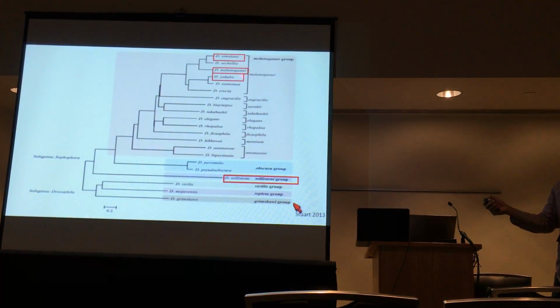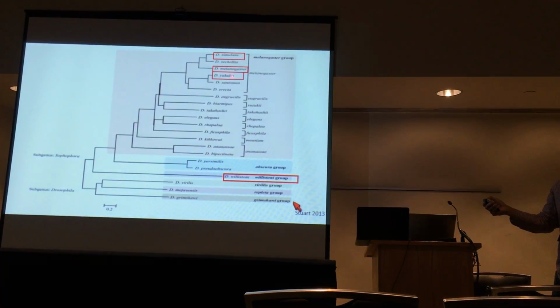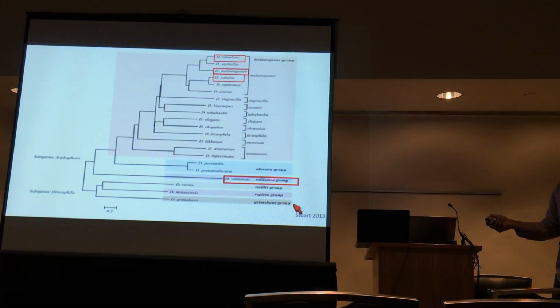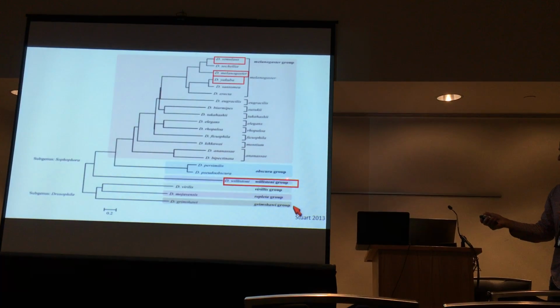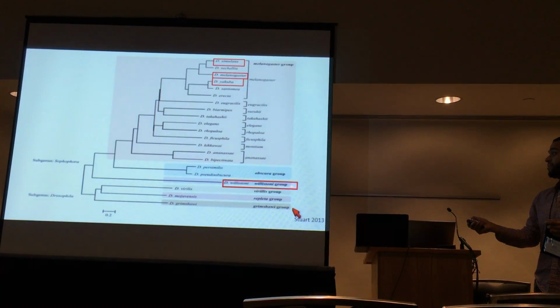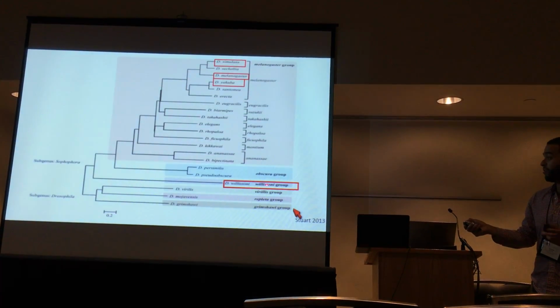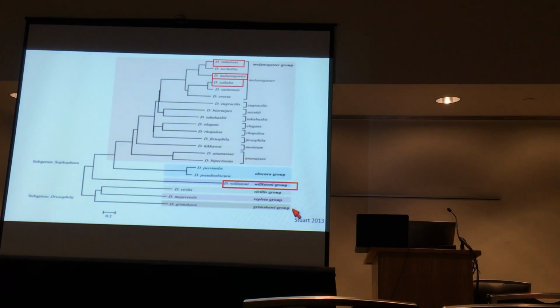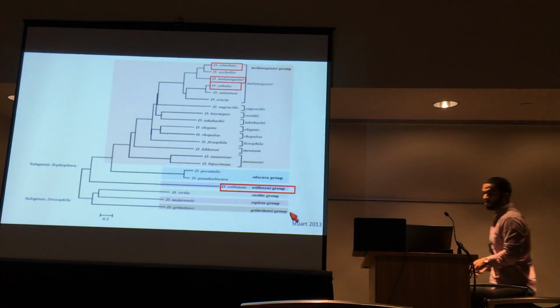yakuba and santomea, those can breed, but there are no functional F1s with melanogaster. And when they were originally shown to be from Willistoni, it's thought that the P element itself jumped to melanogaster through another vector, because they're far too removed to be able to breed.